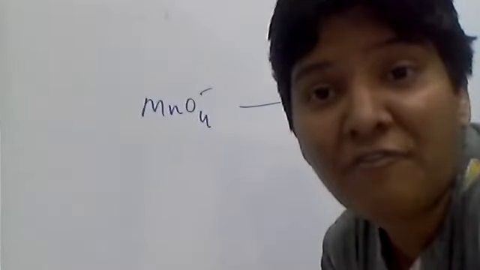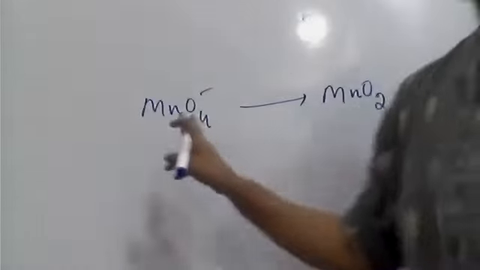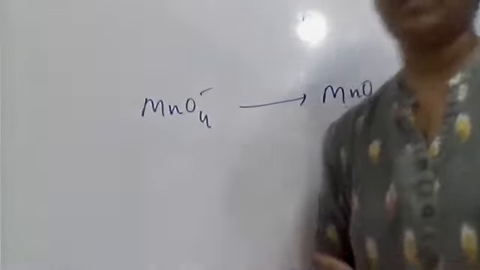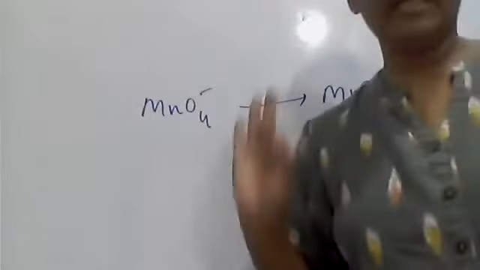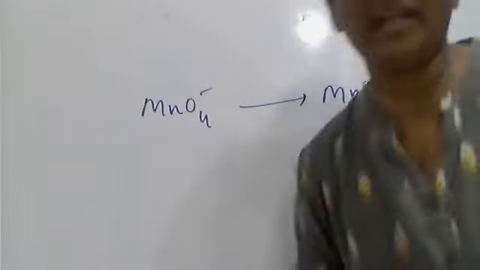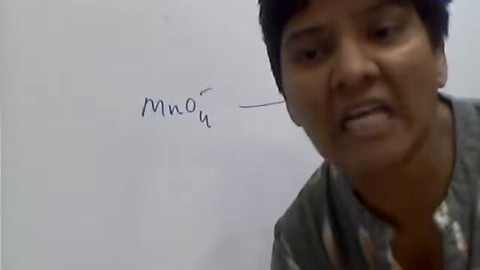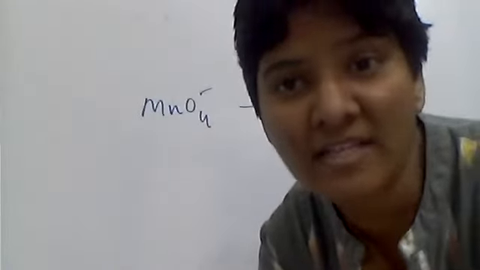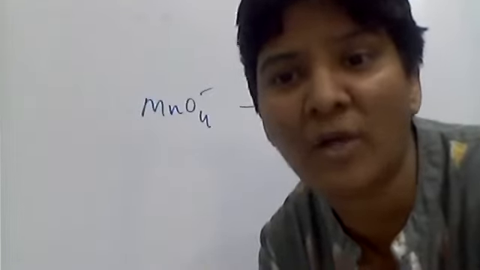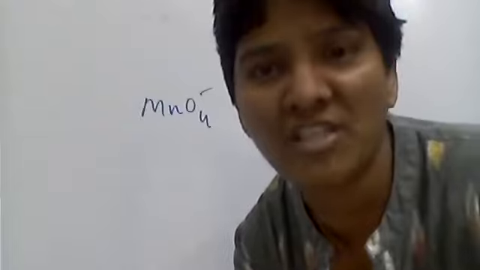this KMnO4. I'm taking just the permanganate ion from KMnO4. This permanganate is pink in color when taken in alkaline medium and treated with alkenes and alkynes, which contain a C=C pi bond. Any compound having a C=C pi bond is unstable, unsaturated.